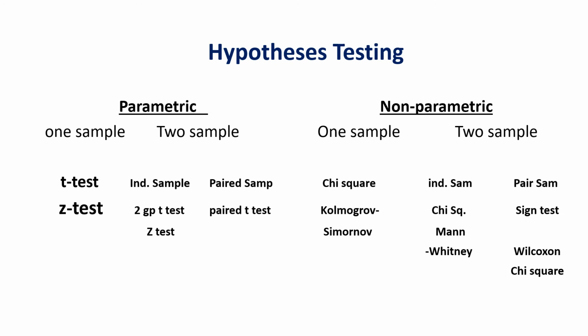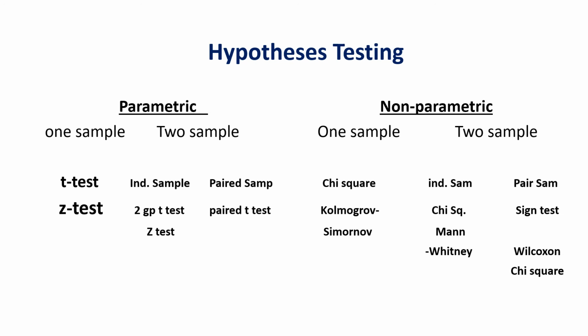Then we apply a new teaching method and we check their learning for 1 month, for 15 days, or for 6 to 8 weeks. And then after completing the new technique, we take another test from the same sample. So it is called paired sample.